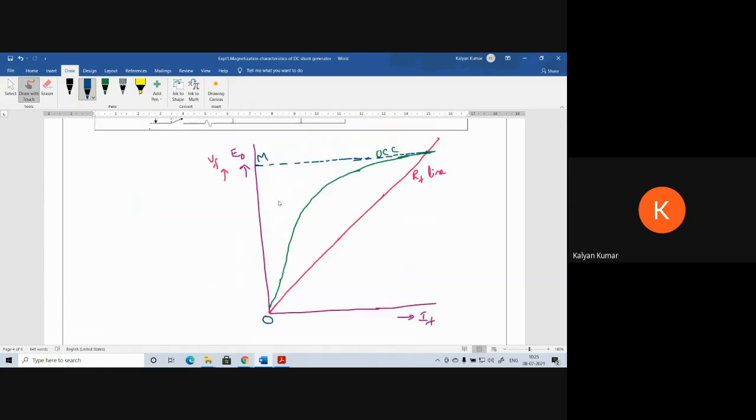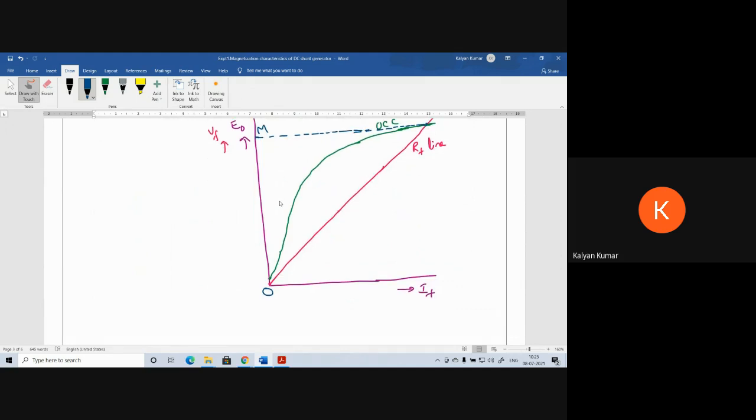Next, for obtaining the critical resistance and critical speed, we need to draw a tangent to the initial portion of the OCC. To that linear portion, we draw a tangent from the origin. This tangent would be the OCC if saturation does not take place in the machine.